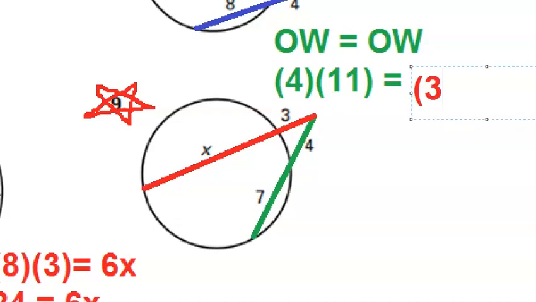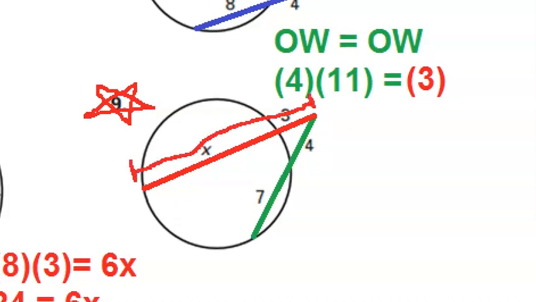It's pretty easy to see that the outside part is 3. But what's the whole thing? Well, the whole thing would be the entire distance from here to here. So the whole thing is actually going to be the 3 and the x. And so the way we're going to write that is we're going to put together the x and the 3. We're going to add them up, and we're going to get x plus 3.